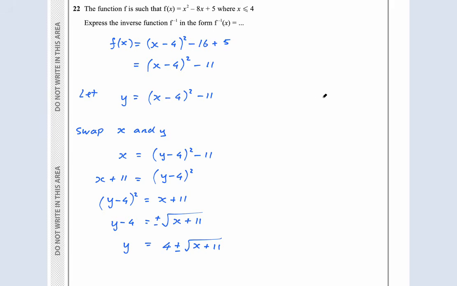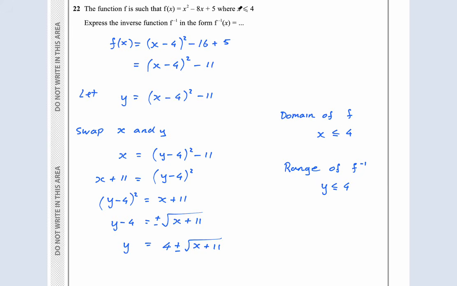The domain of f is x is less than or equal to 4, which means the range of f minus 1 is y is less than or equal to 4. So the domain of f is the same as the range of f minus 1, and the range of f is the same as the domain of f minus 1.